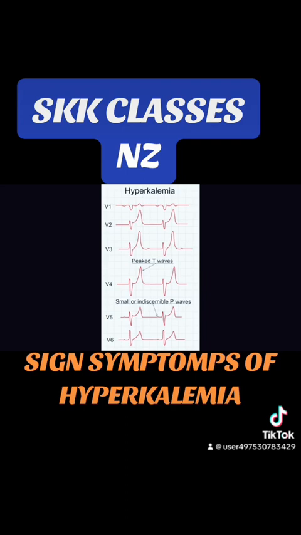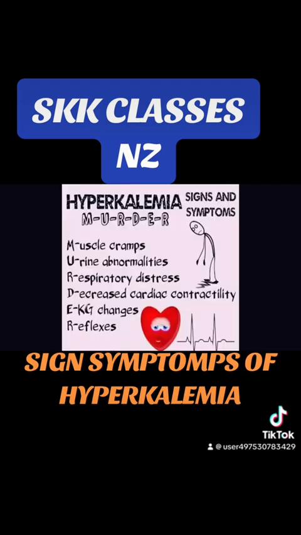So these are the main ECG changes that will always occur in the patient who is having hyperkalemia or a high potassium level in his or her body. And the last symptom, R, stands for reflexes.